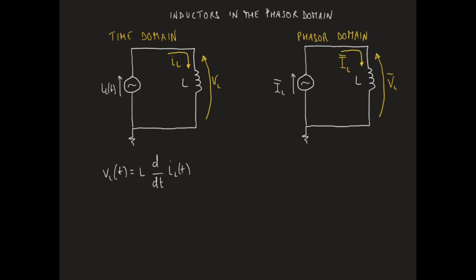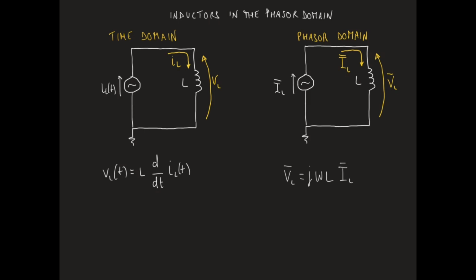In the phasor domain, the voltage across an inductor is obtained by multiplying the current flowing through the same inductor by j omega L. So, as we have already seen in the case of the capacitor, also in the case of the inductor, the differential relationship in the time domain has been replaced in the phasor domain by an algebraic one.